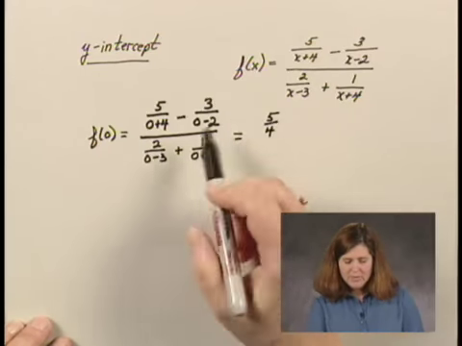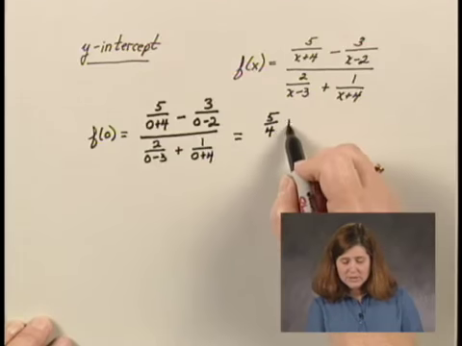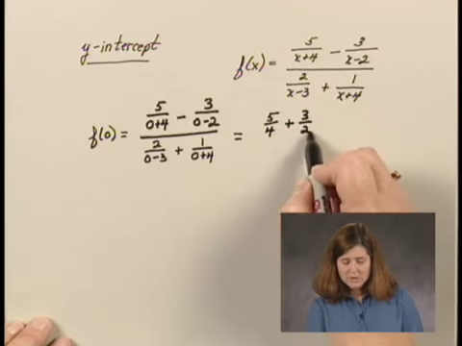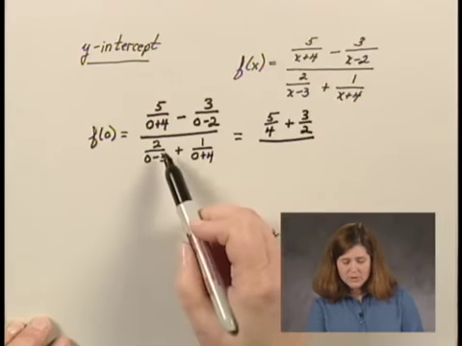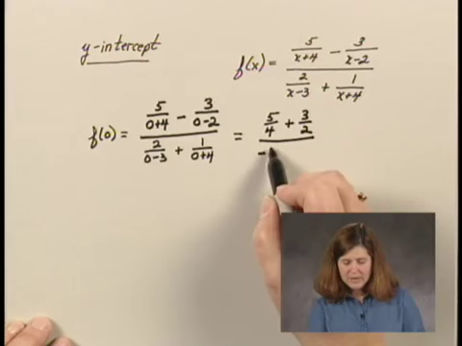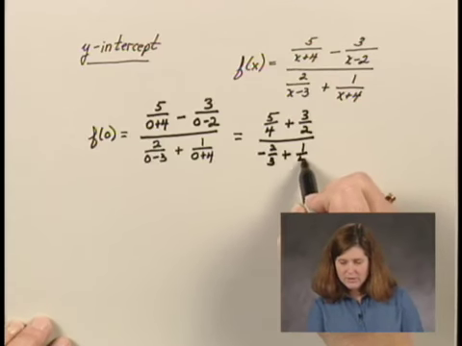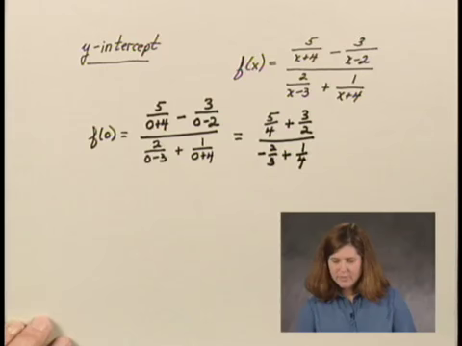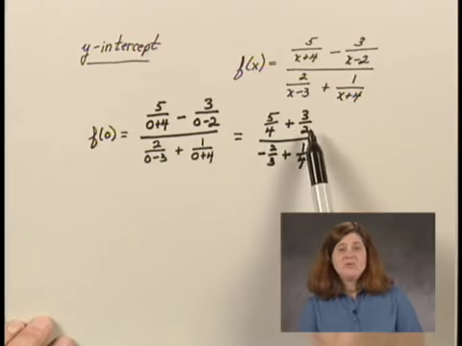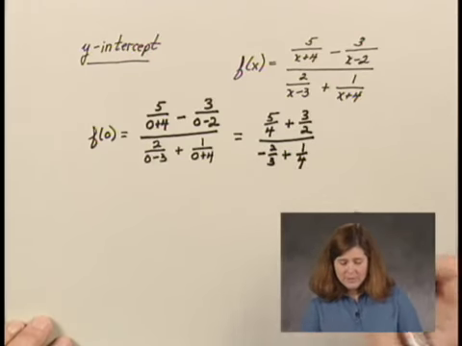5/4 minus 3 over negative 2 is plus 3 over 2, all over 2 over negative 3 would be negative 2/3 plus 1/4. I'm going to add in the numerator and add in the denominator.